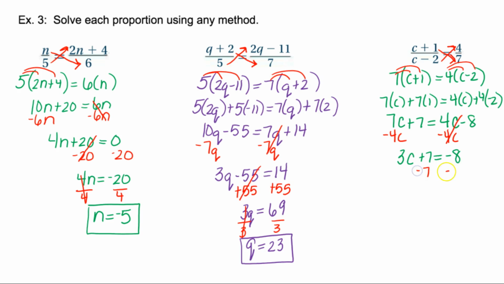I'm going to subtract 7 from both sides. So 3C equals negative 15. Divide both sides by 3. So C equals negative 5.